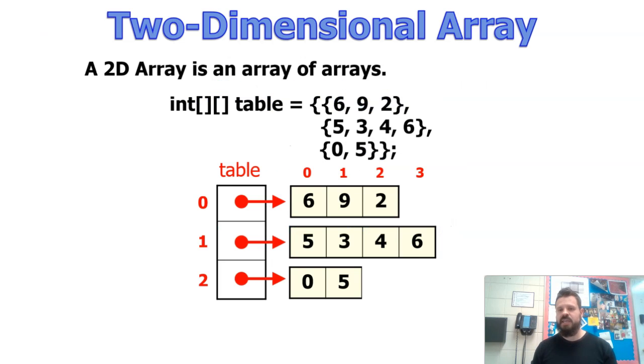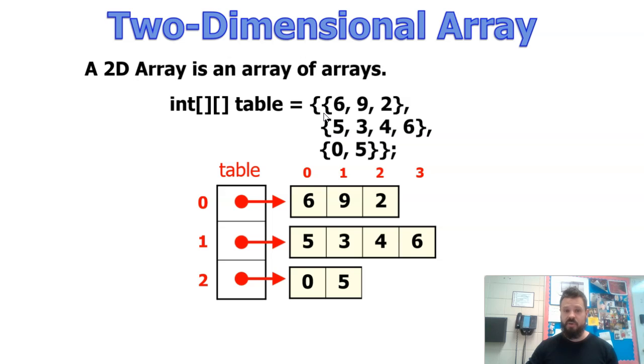Now, just like I can instantiate a regular array by setting it equal to a list of values between curly braces, I can do the same thing with a two-dimensional array. So in the code, on the left side of this equal sign, I'm declaring a two-dimensional int array called table, and I'm going to set it equal to a list of lists, where each individual array is between curly braces and separated by commas.